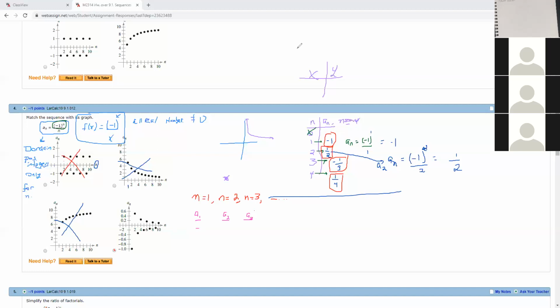So negative 1 and 1/2 and so forth. So no big deal right there. And as we go out, then we'll keep getting more terms.